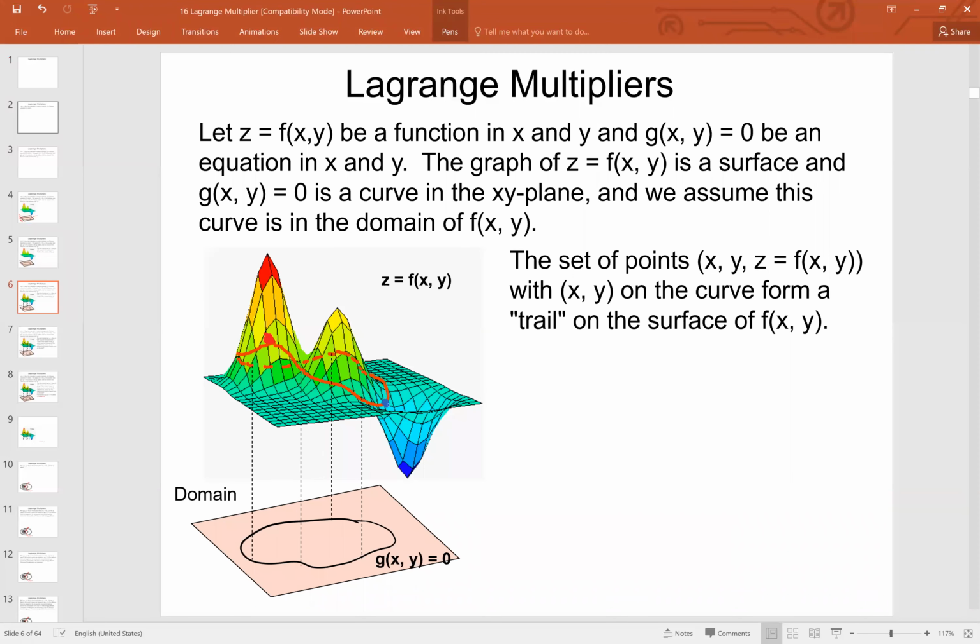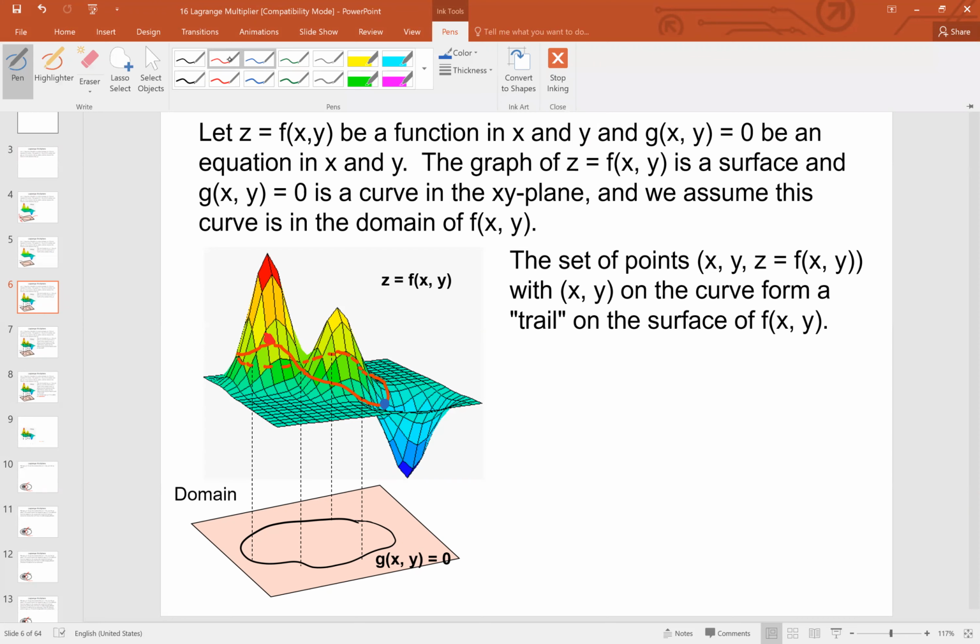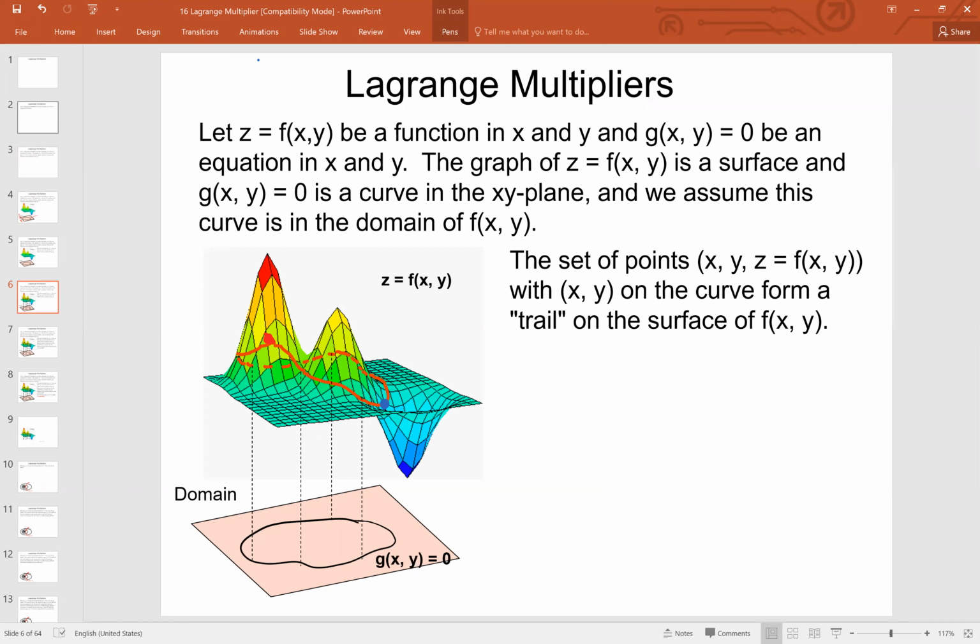The reason I draw that is that if you ever hike around hills and go on loops like this, you know that when you get to the high point is when you're about to go down. In other words, if I look at level curves on the surface, then at the point where it's highest, the level curve and the trail must be tangent.